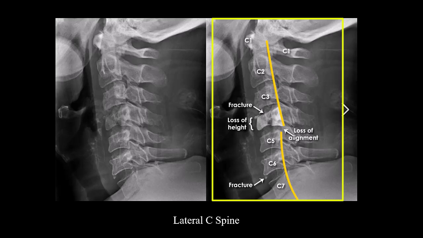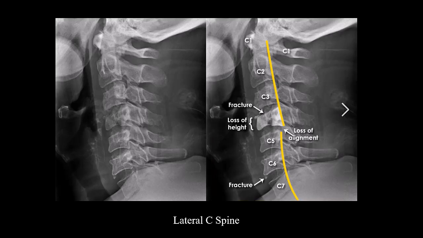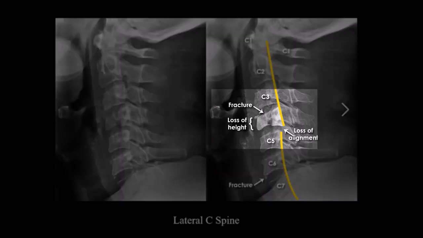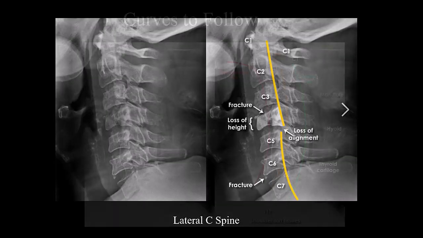Also notice that the C7-T1 joint space is shown, and the C1-C2 joint space and atlantoaxial joint space is shown. Notice the lack of height that shows a fracture and the loss of alignment in the curvature of the spine.